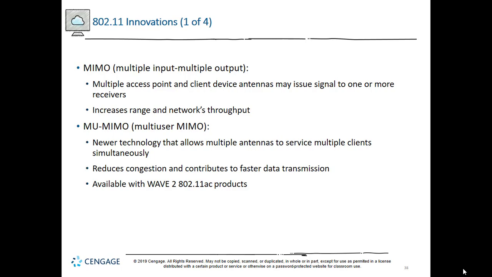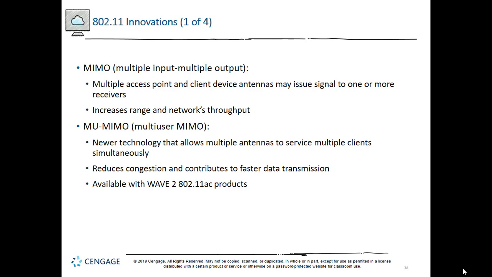The feature reduces congestion and thereby contributes to even faster data transmission. Now, as with MIMO, MU-MIMO access can only be used at full capacity when the client devices also support it. So this is multi-user, multi-in, multi-out.